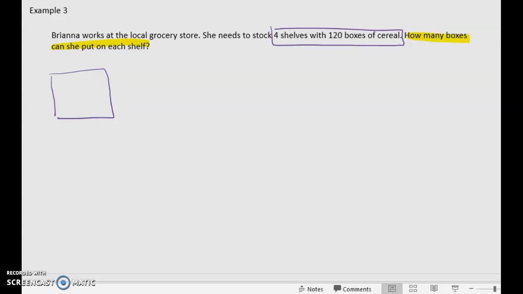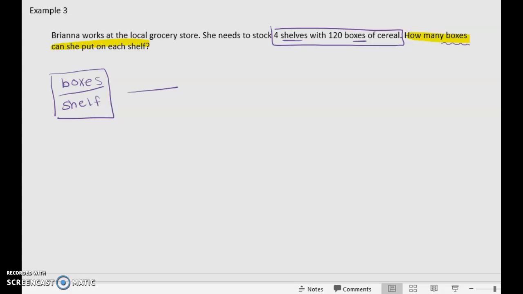So notice it doesn't say the word per, right? We have shelves and we have boxes. What comes first? Boxes, right? How many boxes can she put on each shelf? So we could say how many boxes per shelf.